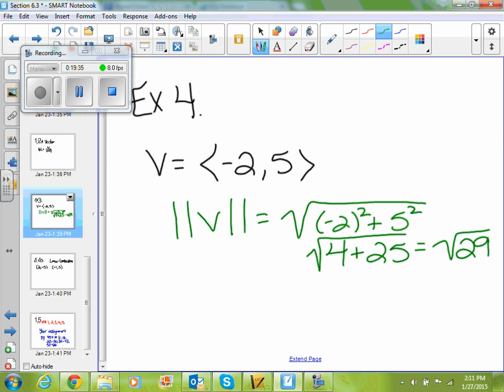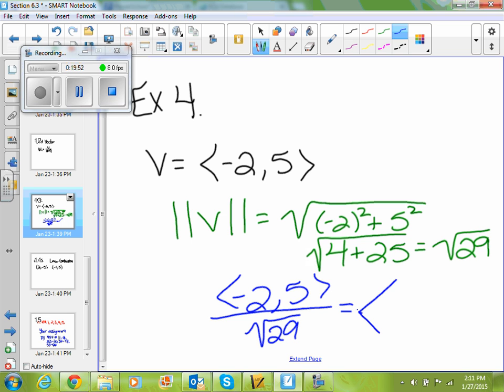So I know my magnitude is the square root of 29. So I take my vector -2, 5, and I divide it by the magnitude, the square root of 29. Then you just divide each part. So -2 over the square root of 29, 5 over the square root of 29.